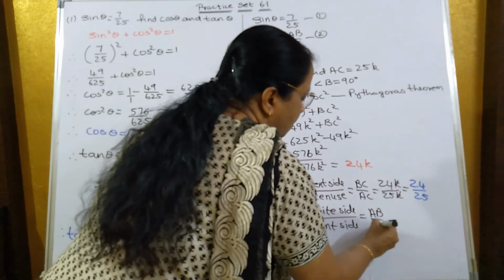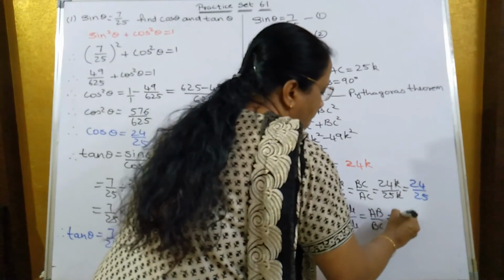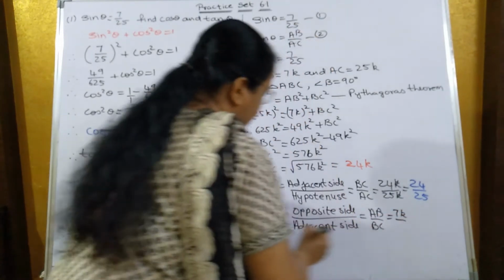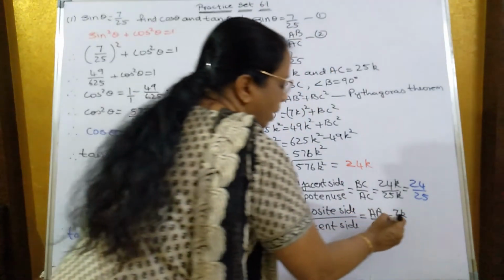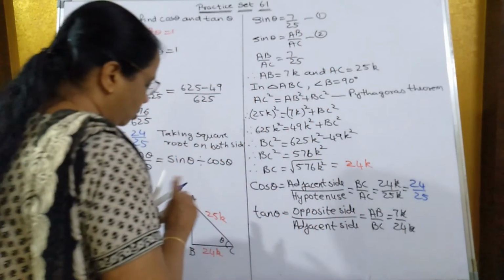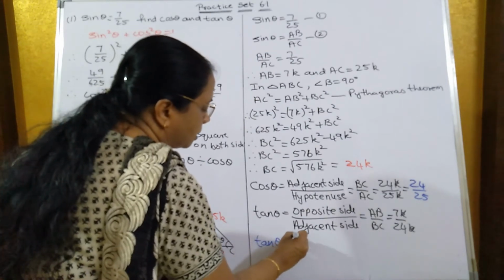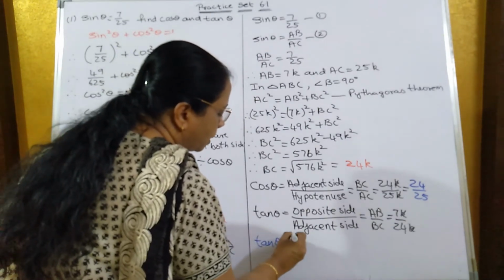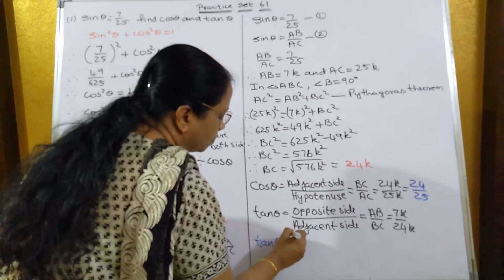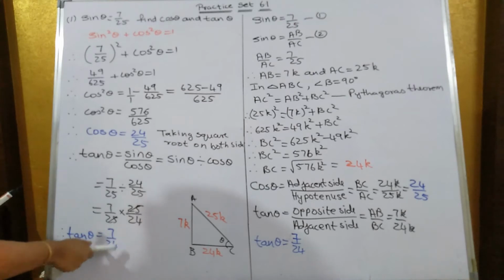Now put the values of AB and BC. AB is equal to 7K and BC is equal to 24K. Now K and K will get cancelled. So tan theta is equal to 7 upon 24. Same thing here also, we got tan theta equal to 7 upon 24.